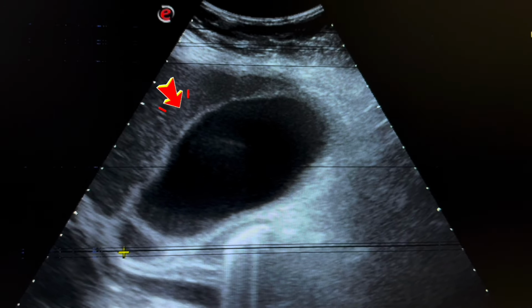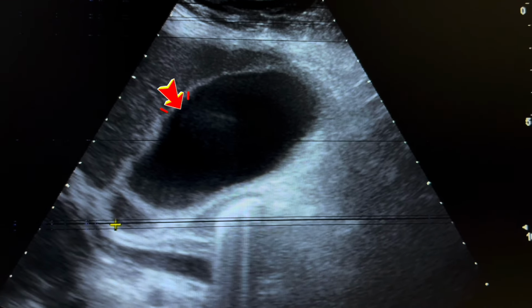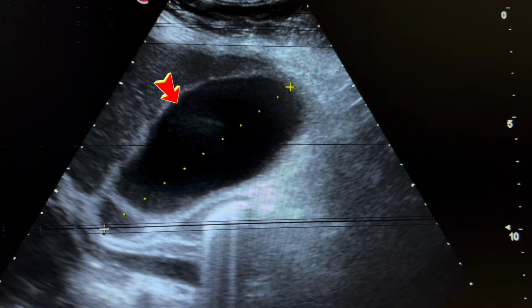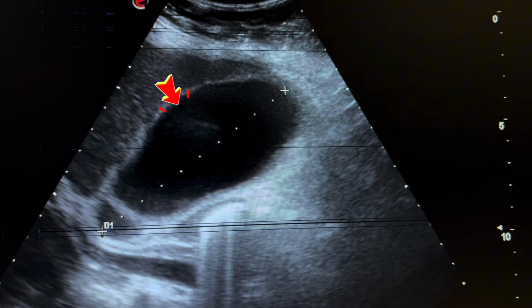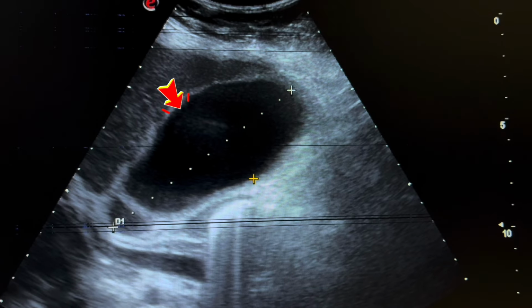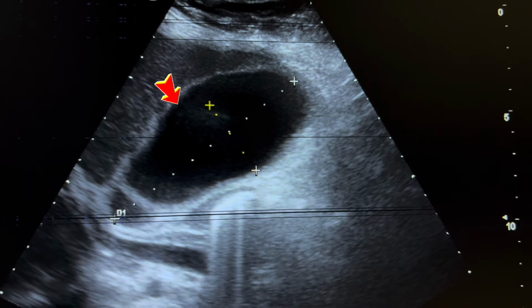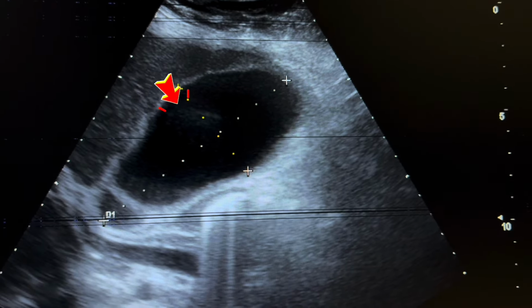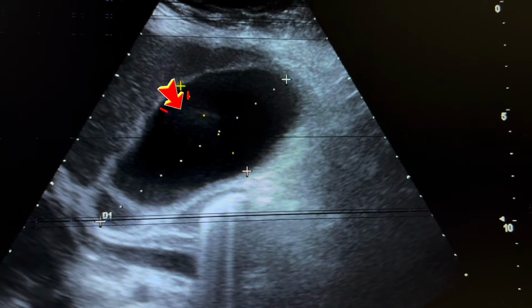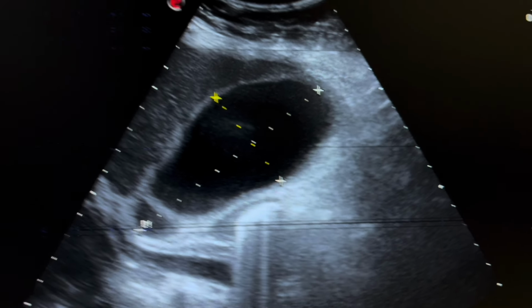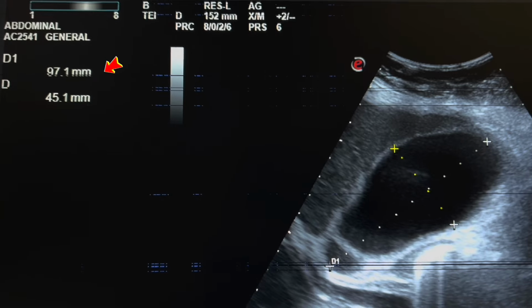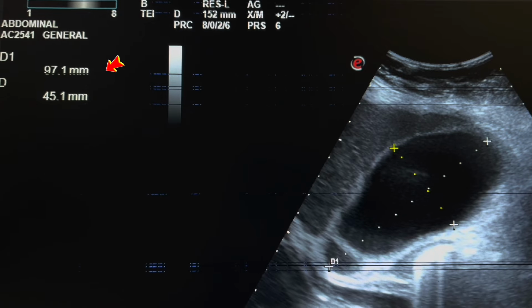Now we will measure the length and width of gallbladder. The length of gallbladder is 97 millimeter and width is 45 millimeter, which is normal.